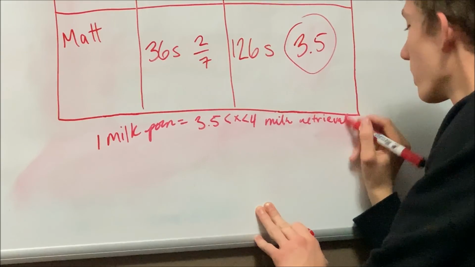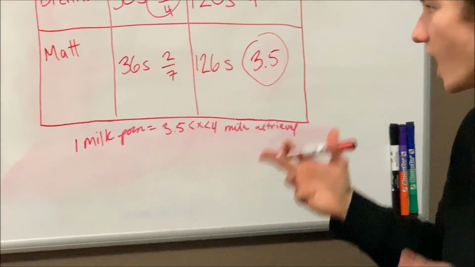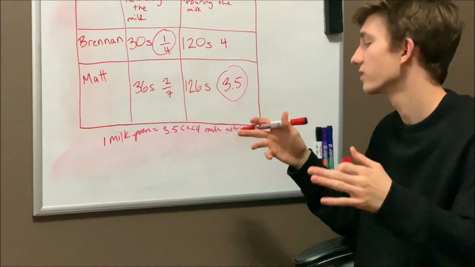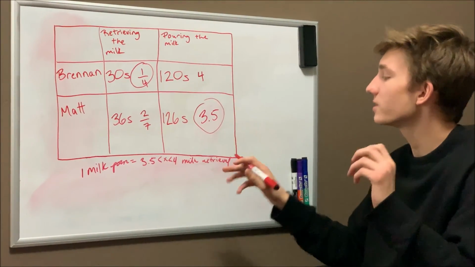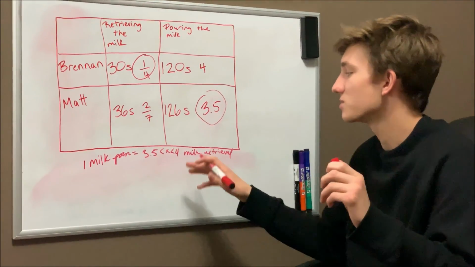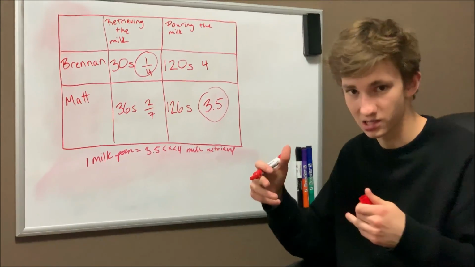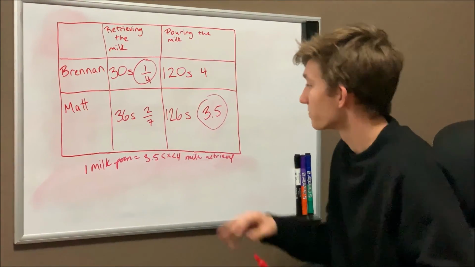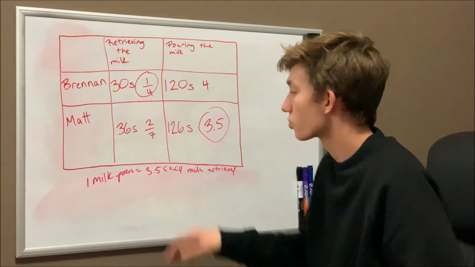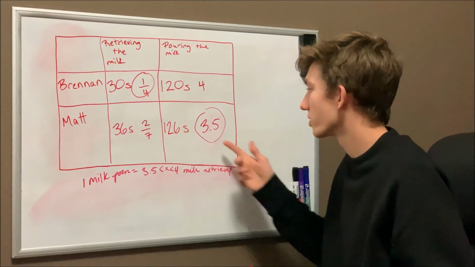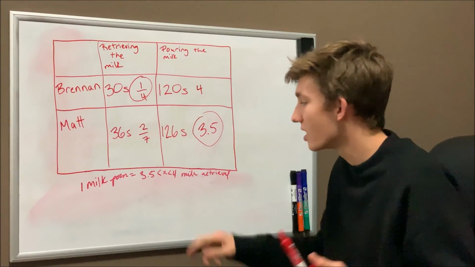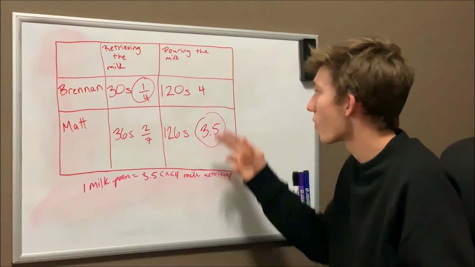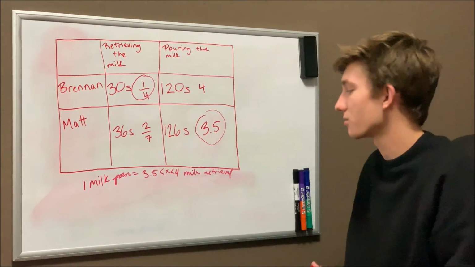So X is essentially going to be how many times Brennan is retrieving the milk. It can be anywhere between 3.5 and 4, simply because that's going to be more worth it to both of us to abide by these rules. As in, if he does it anything less than 3.5, then I might as well do it myself because it's cheaper for me. Well, cheaper, takes less time. And if he does anything over 4, he might as well just do both things by himself.